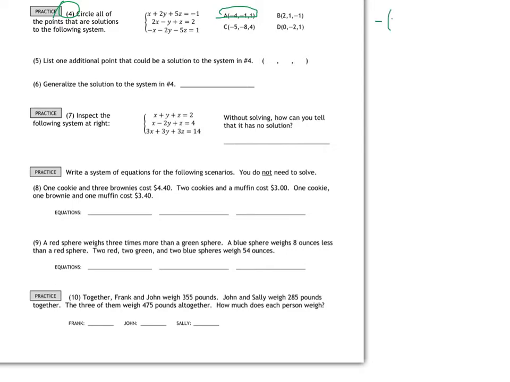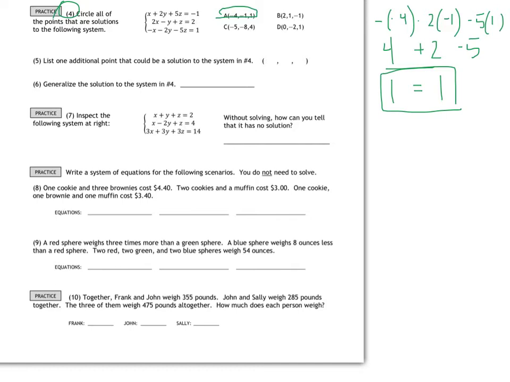Now we do need to be very careful. So we have positive 4, positive 2, negative 5. So that is 6 minus 5 is 1. So 1 equals 1. So it seems like it works for at least the bottom one.